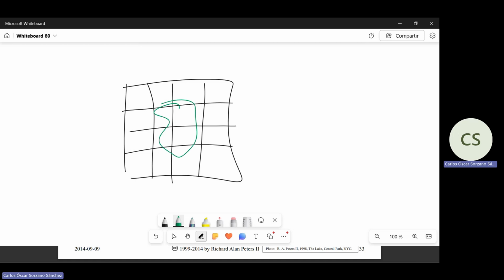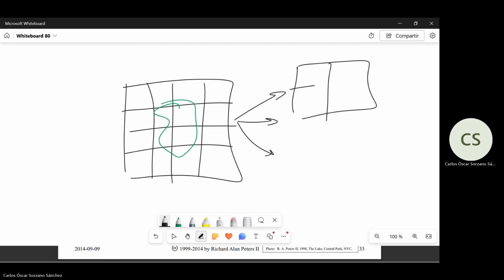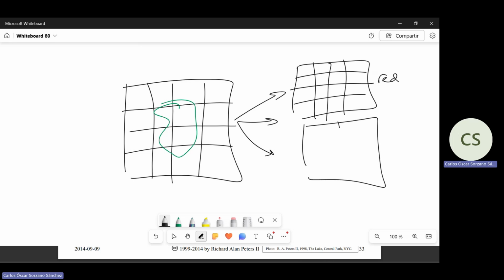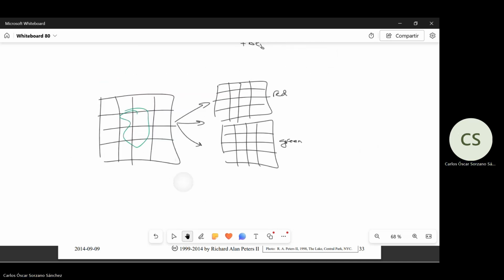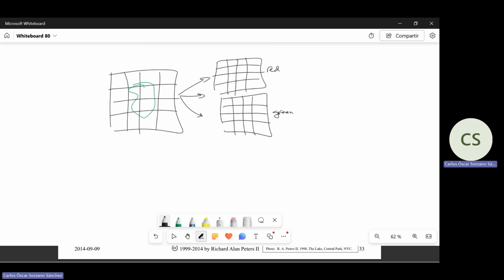So we have 3 images, 4 times 4: one for red, this would be the red channel, another one for the green channel, and another one for the blue.